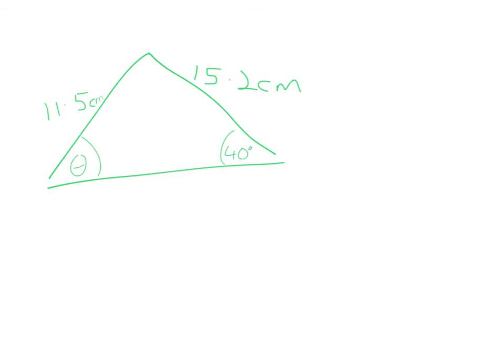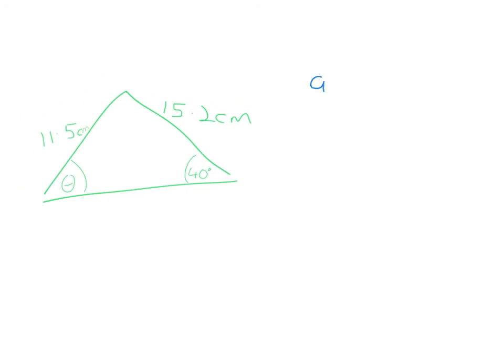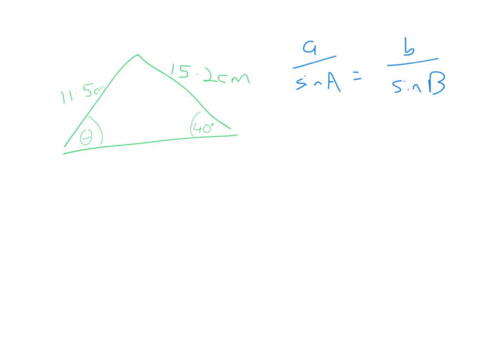So we'll write out the sine rule as a divided by sine A is equal to b divided by sine of b. Again, the sides are small and the angles are big. So we can start filling in what we know now.